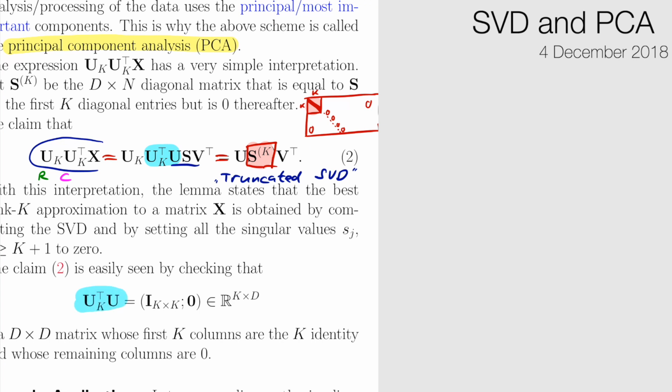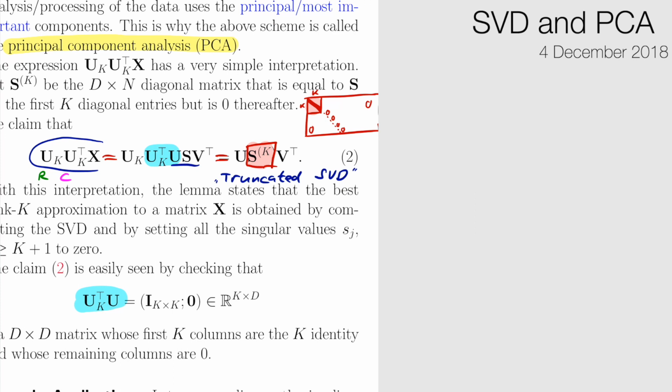It's the identity matrix k by k, and then you have put some more zeros at the end. So this is actually a k by d matrix, because it has k rows and d columns. Why is it? Because remember, U is a square matrix, d by d.